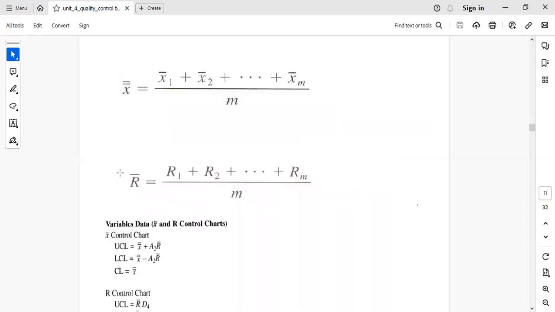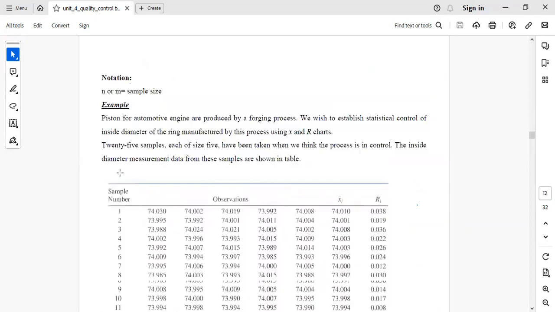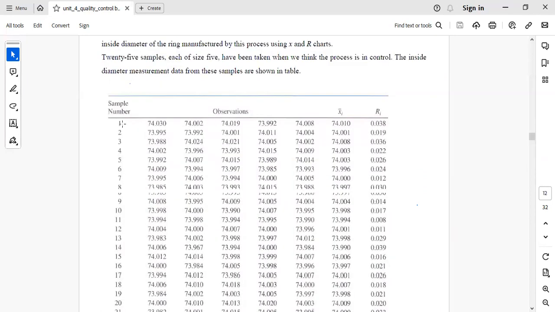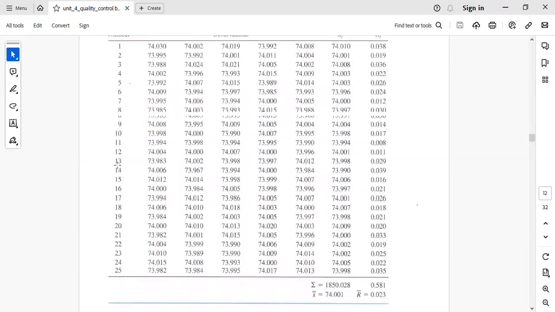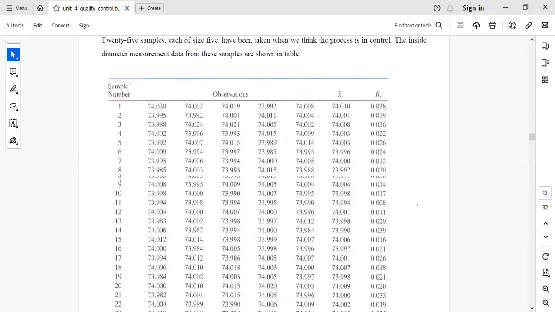We have the number of samples here, from 1 all the way up to 25. Then each sample, if you check across, has 1, 2, 3, 4, 5 observations up to this point here. So what you're supposed to do is add each of these observations.